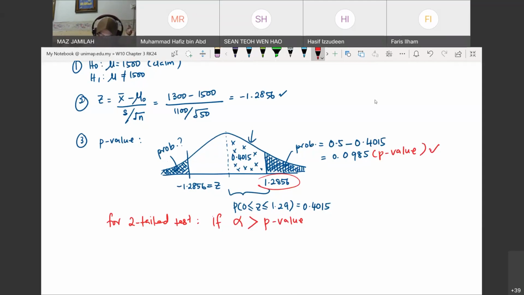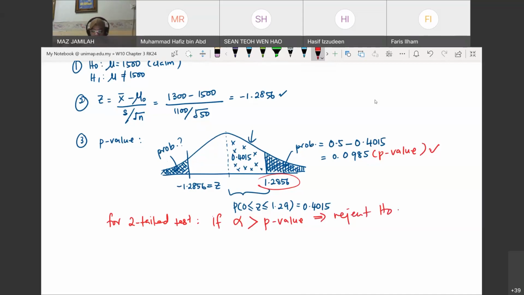Now, if alpha is greater than the p-value, then reject the null hypothesis. Never mind the rest, because this is a two-tailed test and I'm not going to confuse you.